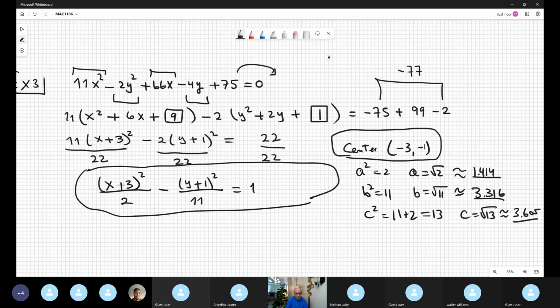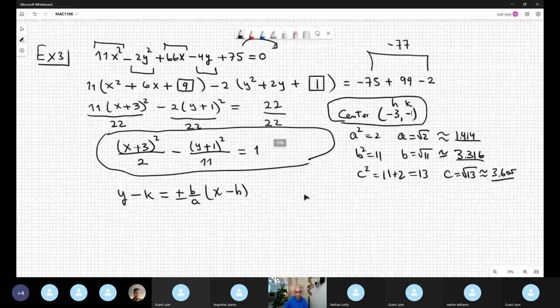The equation of the asymptote, well, is y minus k equals plus or minus b over a, because it's horizontal, times x minus h. In our specific example, h is minus 3, k is negative 1. Okay, no problem, I understand.